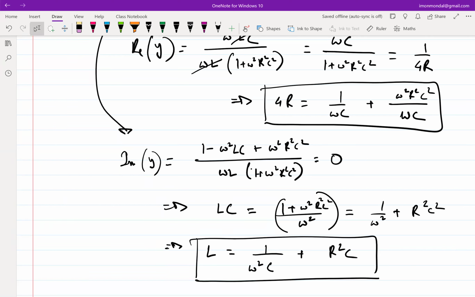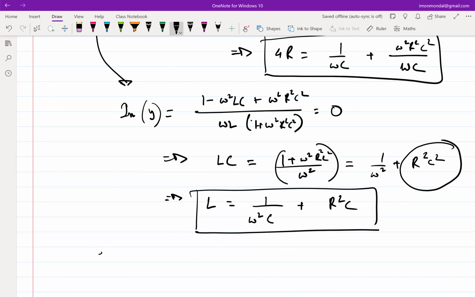So if I assume that I can neglect this term with respect to 1 over omega square, in other words, RC is much less than 1 over omega, i.e. 1 over omega RC is much greater than 1, right?